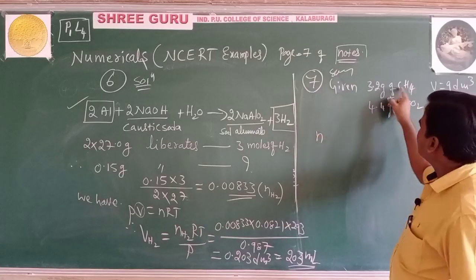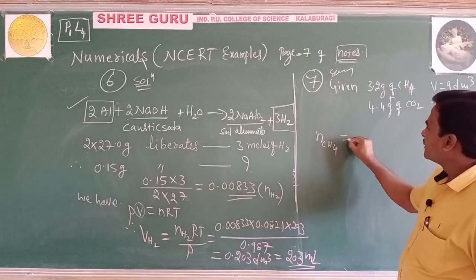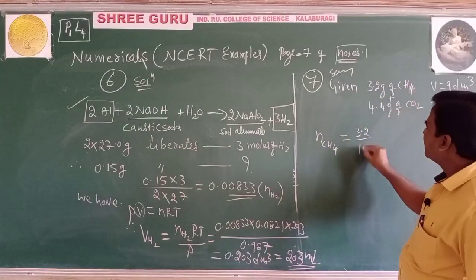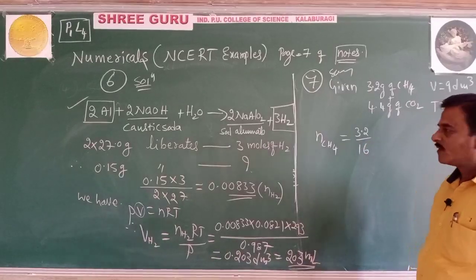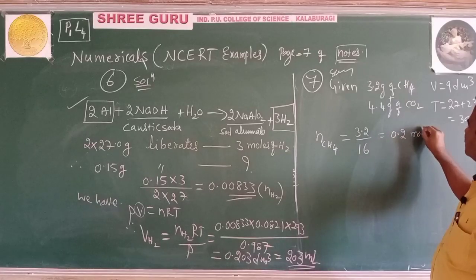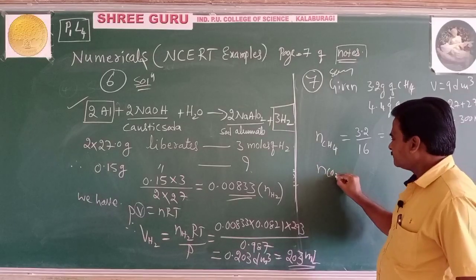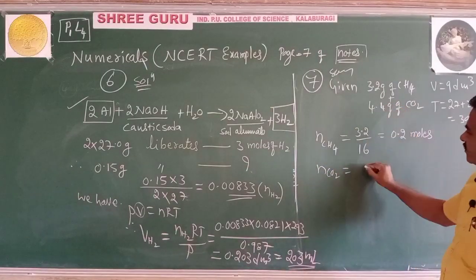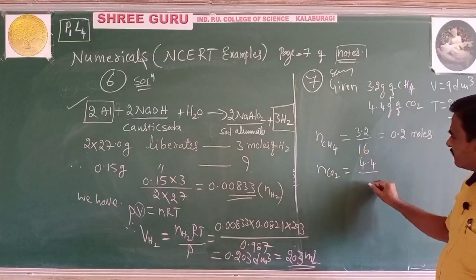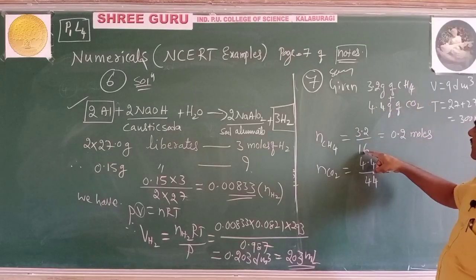Now, number of moles of methane is mass in gram 3.2 divided by molar mass of methane 16. So this is 0.2 moles. Now number of moles of CO2 is 4.4 divided by molar mass of CO2, 44 gram. How do you get 16? 12 plus 4, 16.